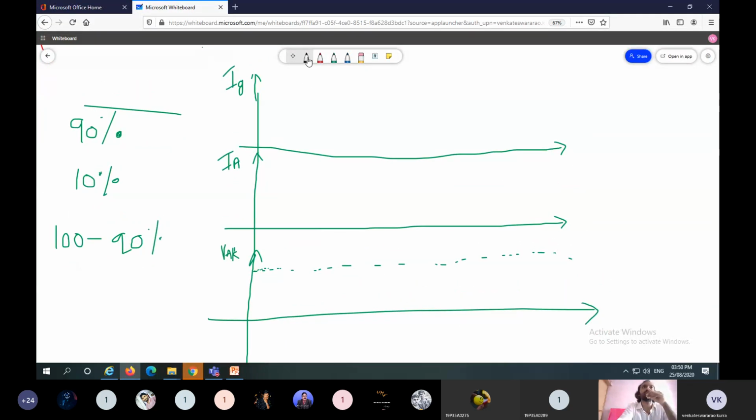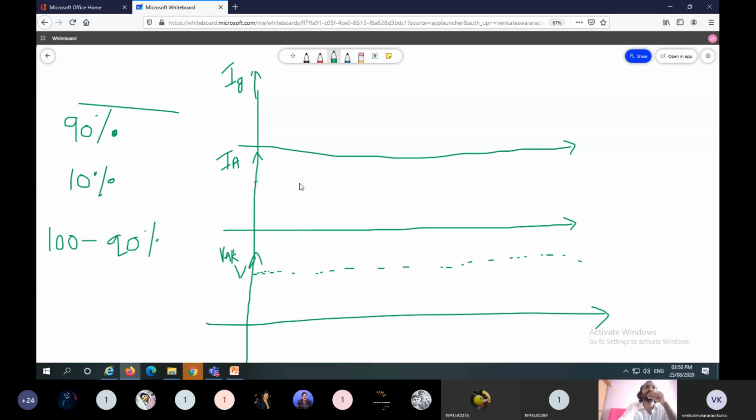This one is the maximum voltage across the switch. Next, this one is the maximum rated current, the maximum current flowing through the switch when it is on.